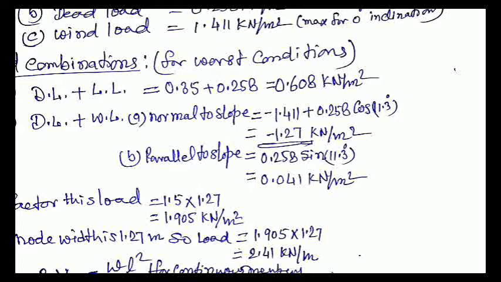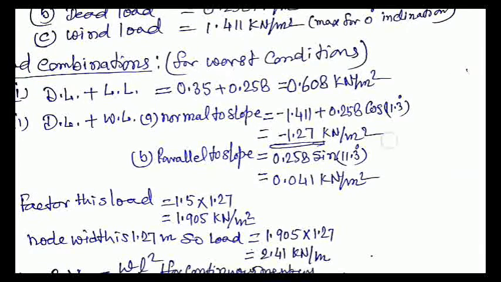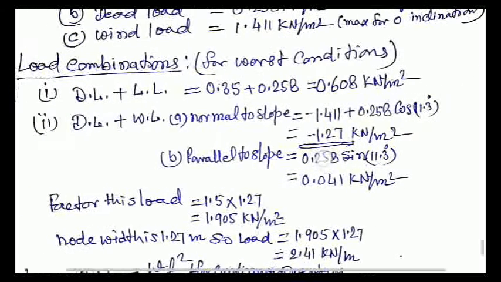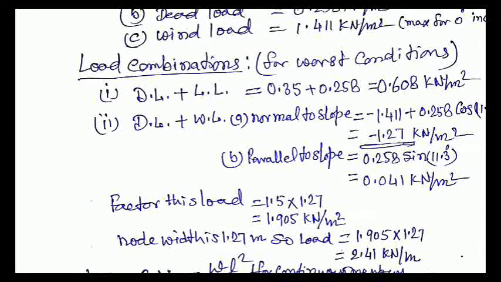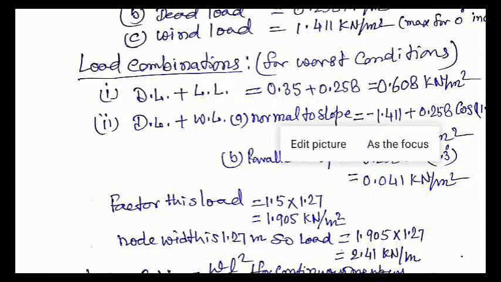It is already normal to the slope, but the component of the vertical dead load, which will be 0.258 cos 11.3 degree, and total it comes out to be minus 1.27 kilonewton per square meter. But parallel to slope, this will be 0.258 sine 11.3 degree. So it comes out to be 0.041 kilonewton per square meter.